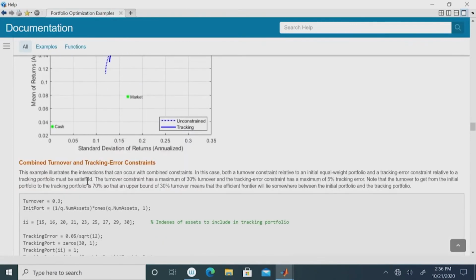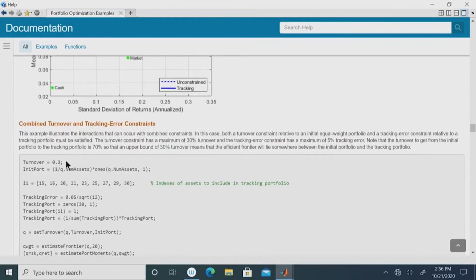Okay, now we will look at an example of the combined turnover and tracking error constraints. Suppose that we set the turnover to a maximum of 30%, and we say that the tracking error can be 5%. So, now we are looking at the constrained problem, which brings into the picture the tracking error constraint from the preceding example, and along with it the turnover.